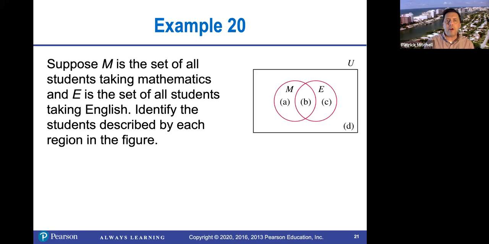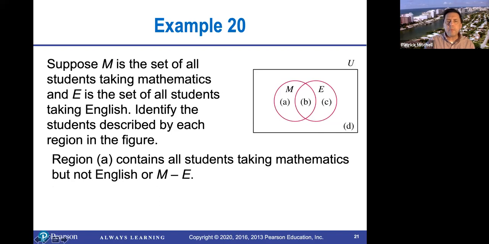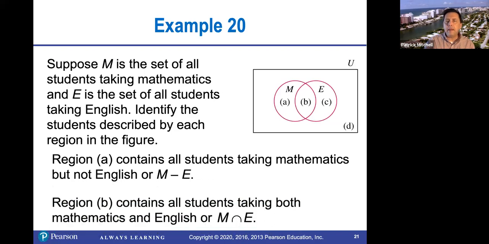Identify the students described by each region in the figure labeled A, B, and C. So A would be the students who are taking mathematics, but are not taking English, right? Which, remember, we use this set notation to write that set. B is the intersection of M and E. So those are the students who are taking both mathematics and English.